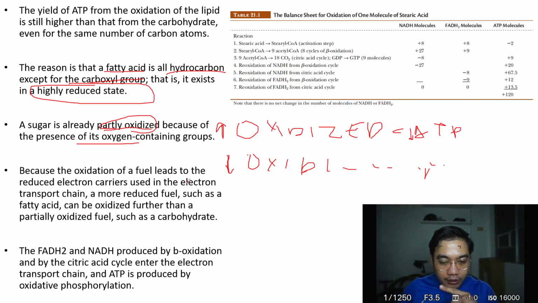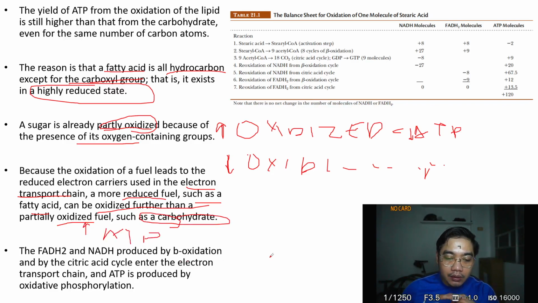So, as it reaches our electron transport chain, a more reduced fuel such as a fatty acid can be oxidized further than a partially oxidized fuel like carbohydrate, therefore leading to an increased ATP yield. Okay? So that's the concept.